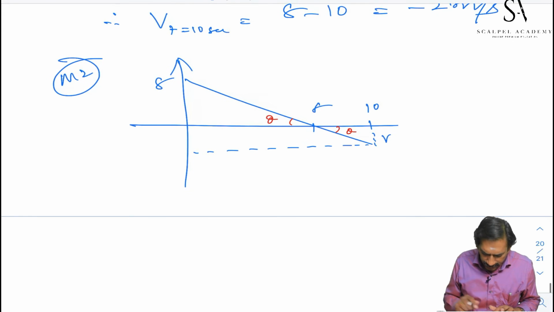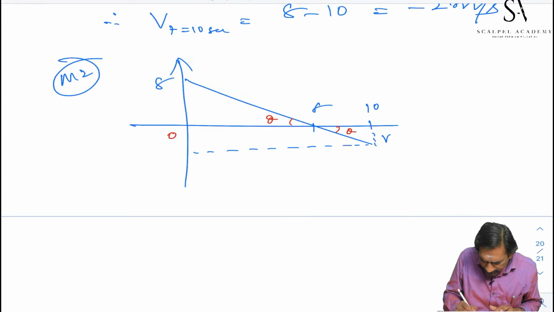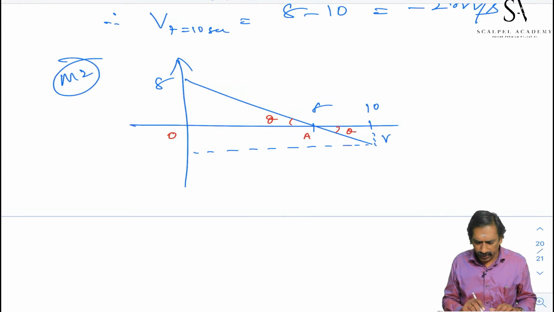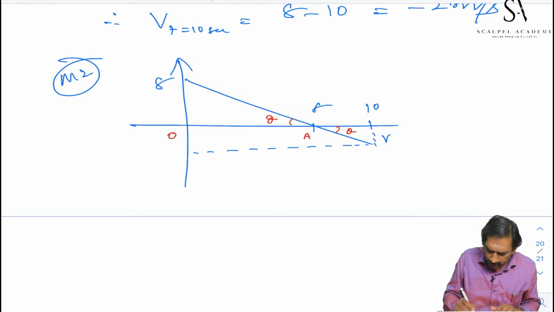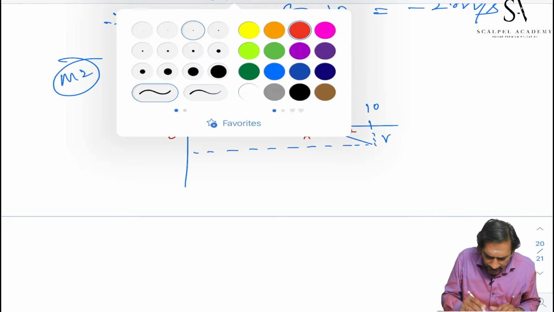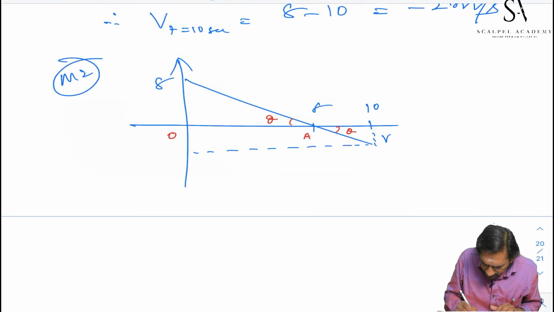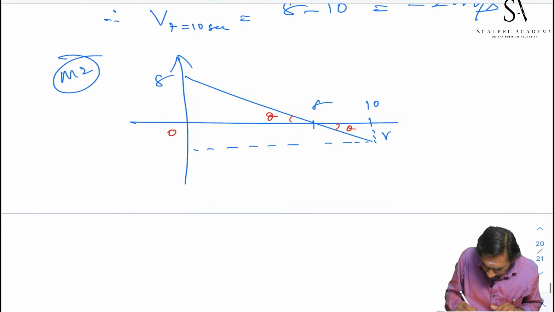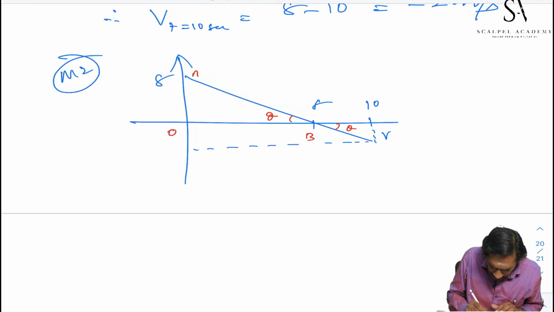So, OA is equal to 8. This point is B, this point is A.